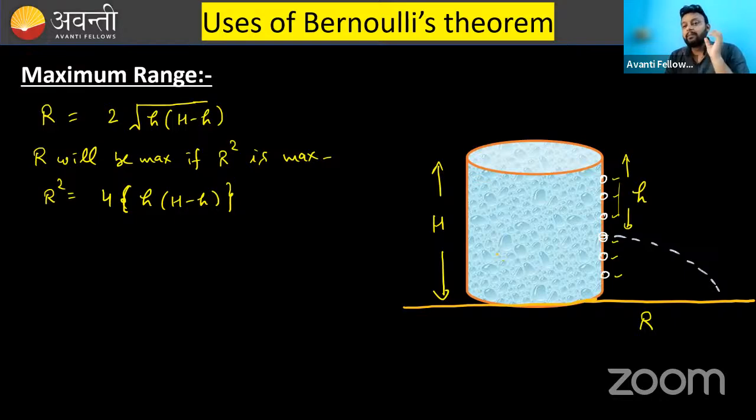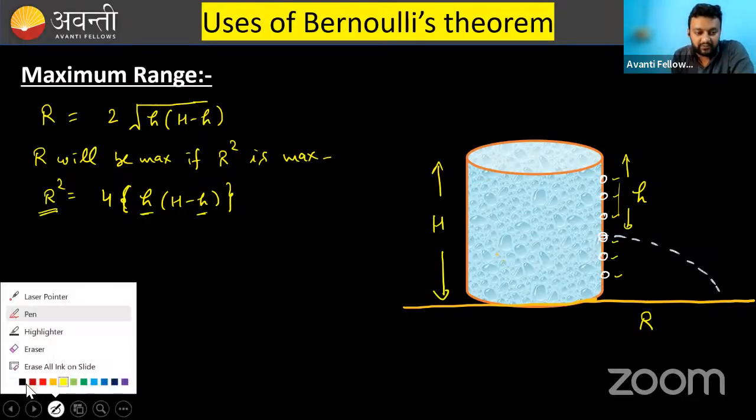For maxima and minima, you have studied calculus in maths. This range R depends on the small h, so if I differentiate R square with respect to small h and set it to zero, that is the condition for maxima and minima.